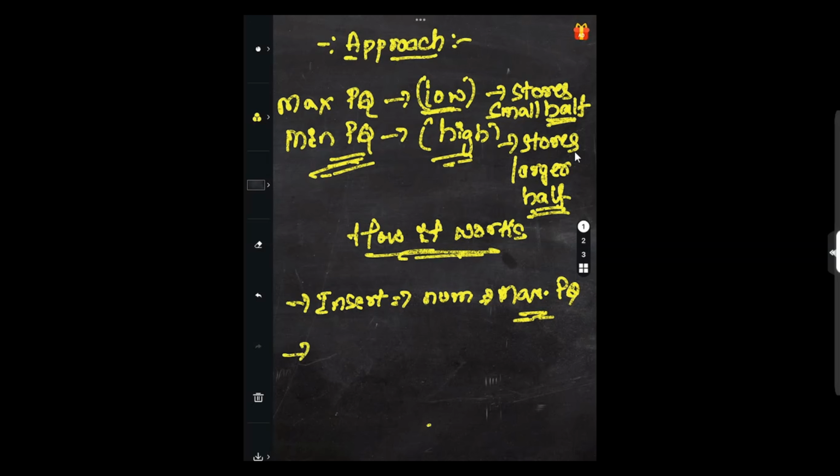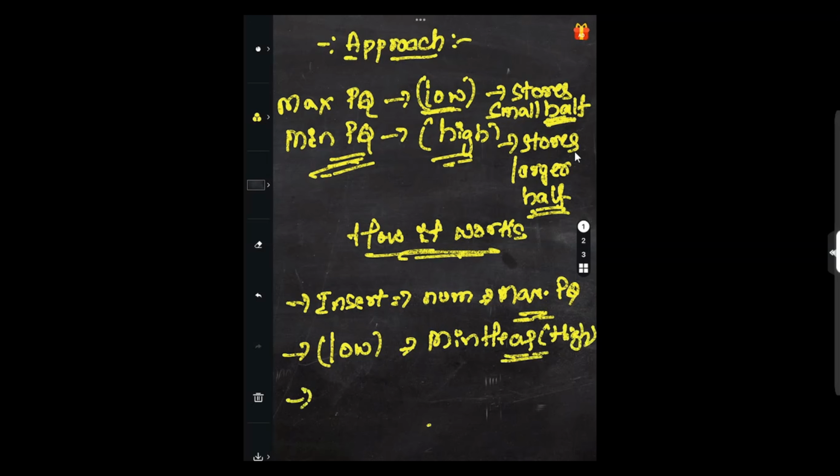Low stores the smaller half, but it contains the largest element of that half at the top, so we move it from low to high, which is the min heap.